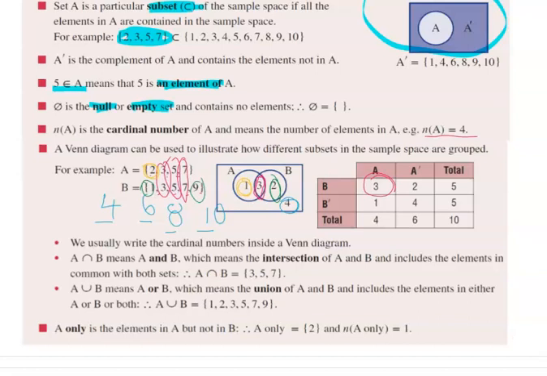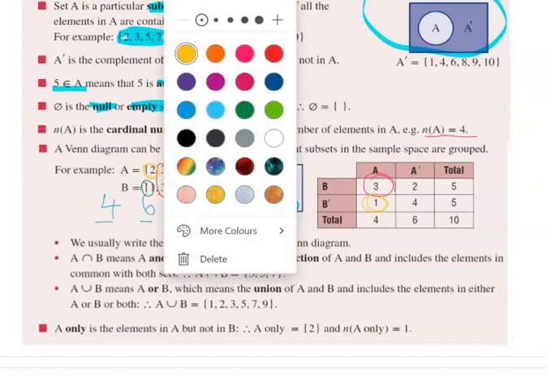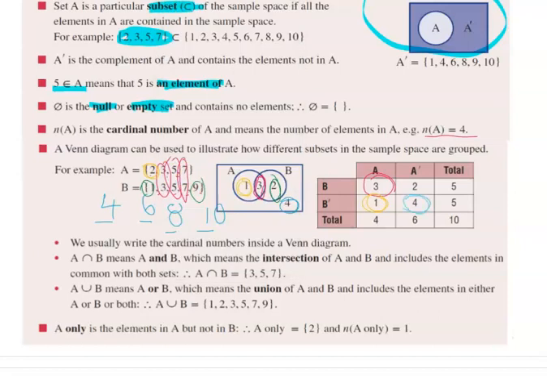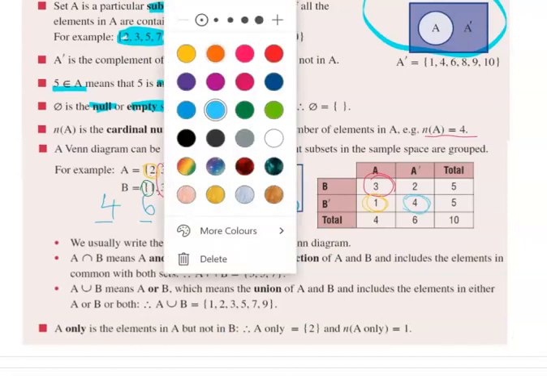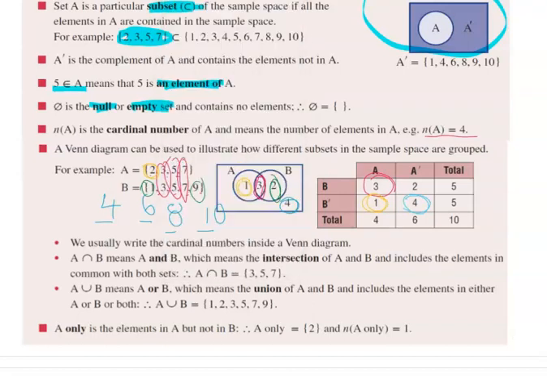The total number that were just in A is 1. The total number that were not B and not A, so that's the 4 that we had in blue. And the total number that are in B but not in A are 2.